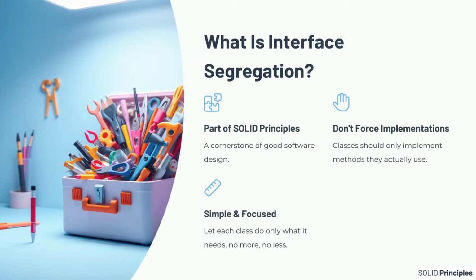Instead, we can separate the tools into different categories so that we can use them easily and no one will waste time dealing with unnecessary tools. This is exactly what we aim for in code. Break large, general interfaces into smaller interfaces. This keeps code simple, focused and easy to manage. Moving on to the next slide.